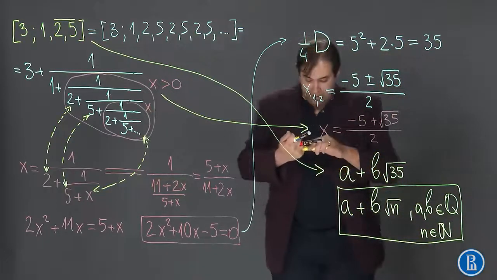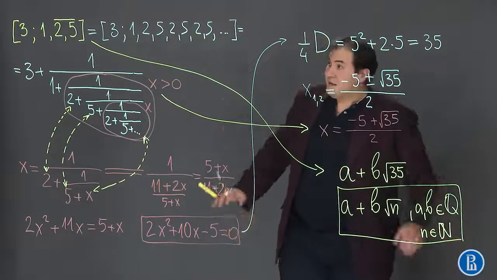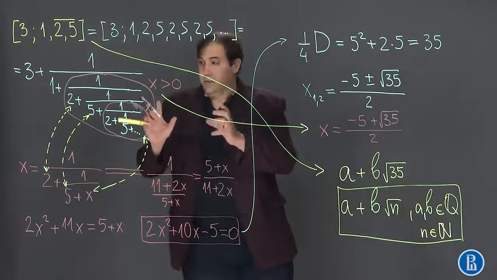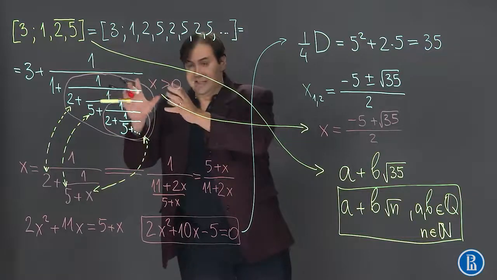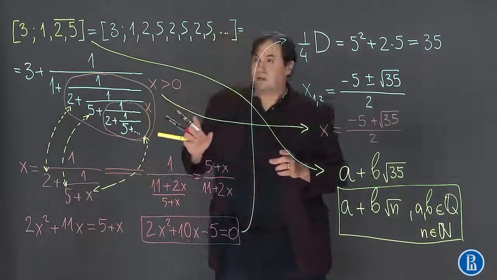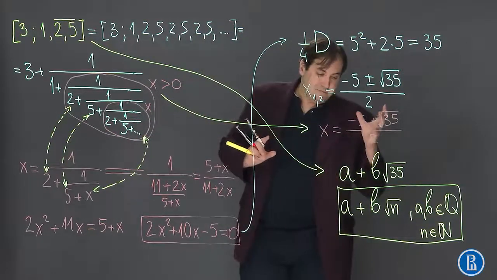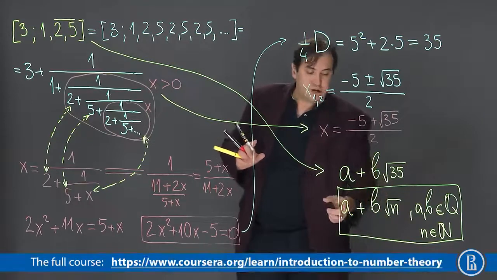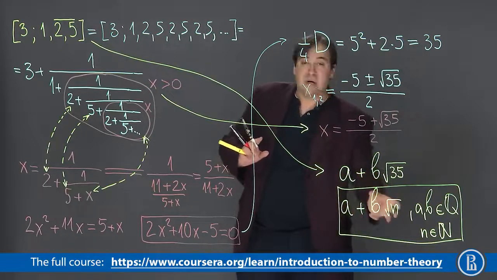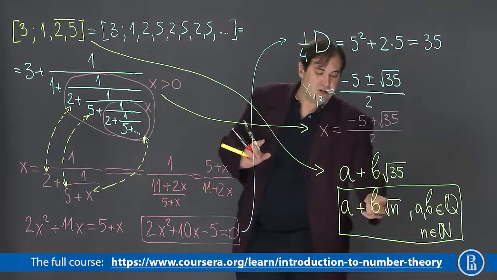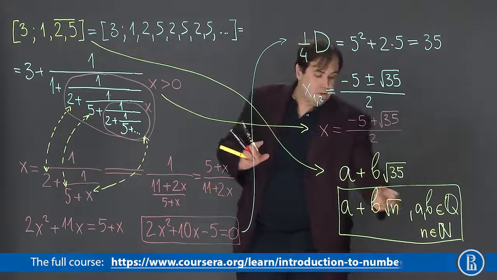Once again, the main conclusion is that the value of a periodic continued fraction, where being periodic is crucial to us, is a quadratic irrationality, which means rational plus square root of rational. Or we can say that rational plus rational multiplied by square root of an integer.